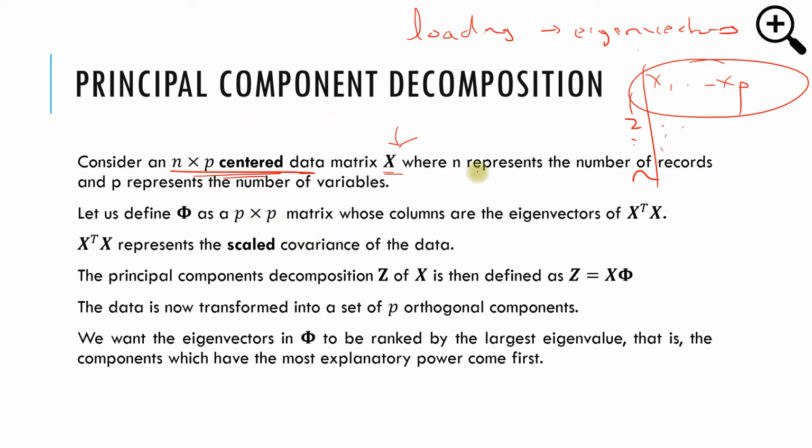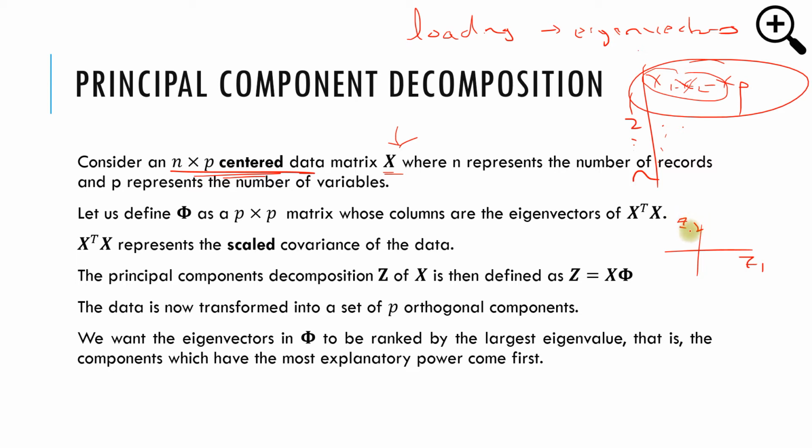Just remember that earlier I told you, if you have two variables in your feature space, x1 and x2, you are expected to have two eigenvectors. You will have two, not eigenvectors, but two factor loadings, because x1 and x2 can be transformed into z1 and z2.